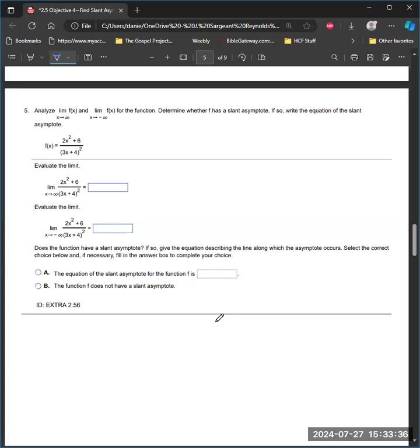Analyze the limit of f of x as x goes to infinity and the limit of f of x as x goes to negative infinity here, and determine whether f has slant asymptotes. So let's go ahead and expand this.